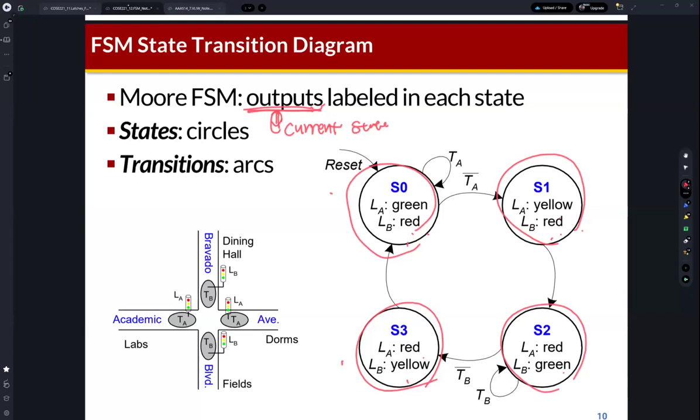Then in an FSM, the states are changed based on the input signals. So we also need to define state transitions. A state transition means that a state changes from a certain state to the next state. Based on input signals, the states change from the current state to the next state.